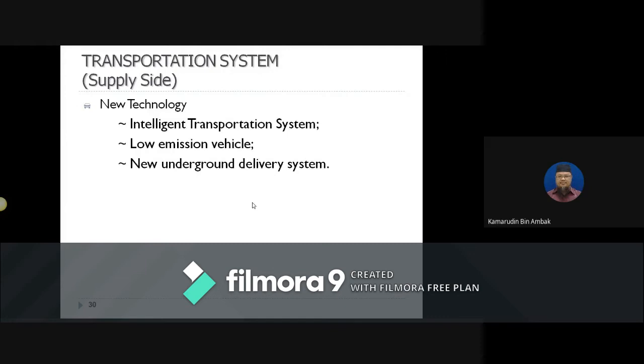Now they also introduce electric vehicles and hydrogen vehicles, which produce fewer emissions, and also new underground delivery systems. This can give another level, but not all countries can provide such a system because it's quite expensive, and also challenging to provide infrastructure under the ground, like subway and underground train.